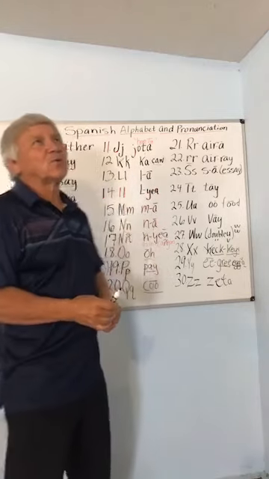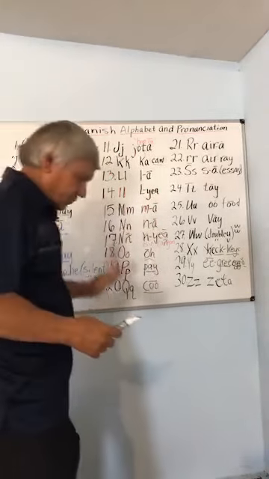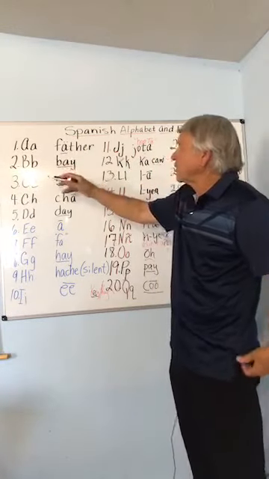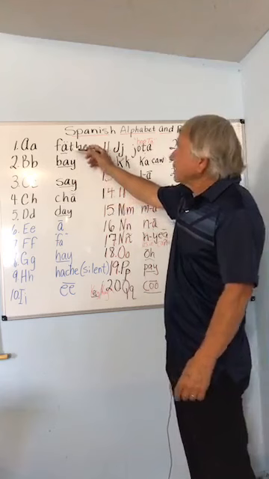All right, now let's do one more time the whole alphabet from the beginning in Spanish. Only Spanish this time. Here we go. We won't worry about the numbers this time. Are you ready?